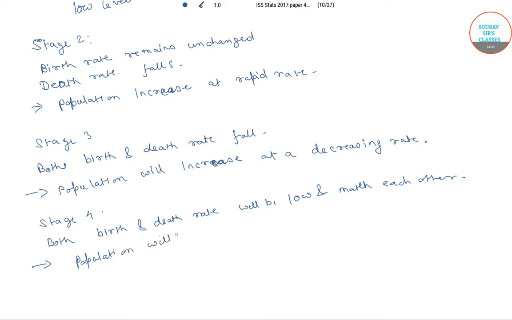So these are the 4 stages that occur in population growth.